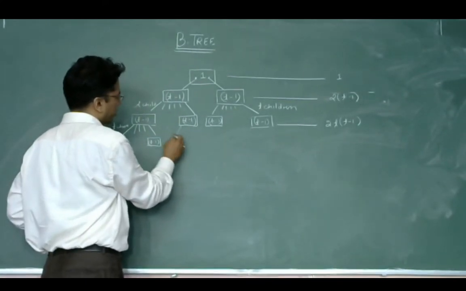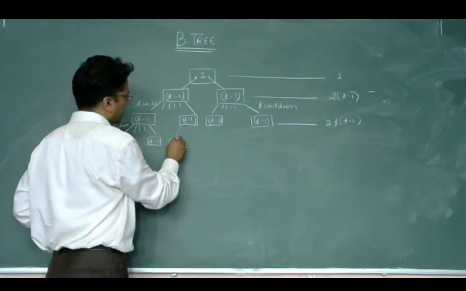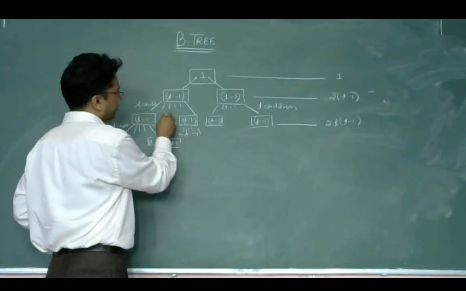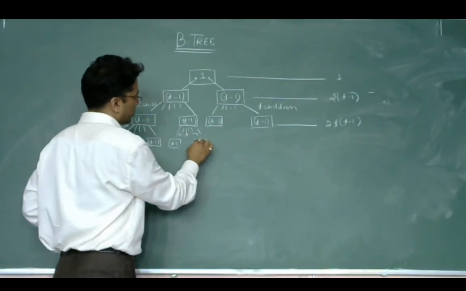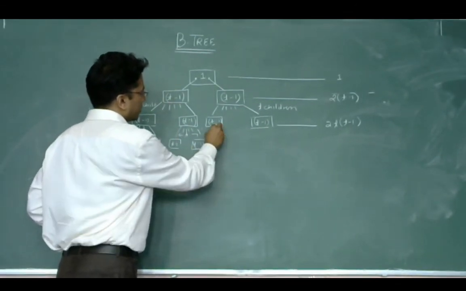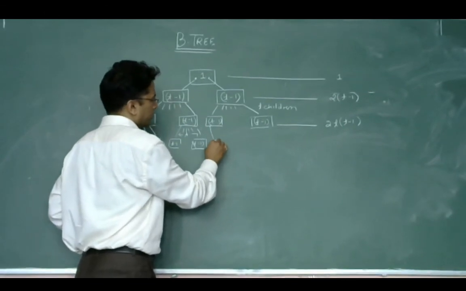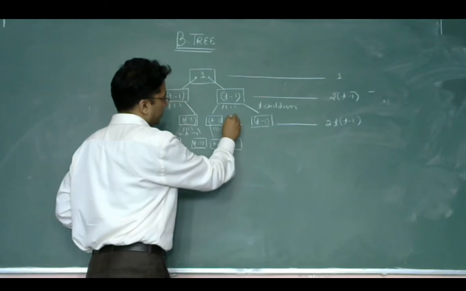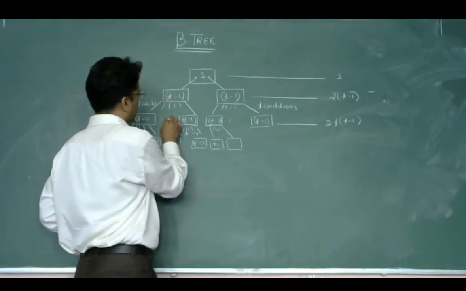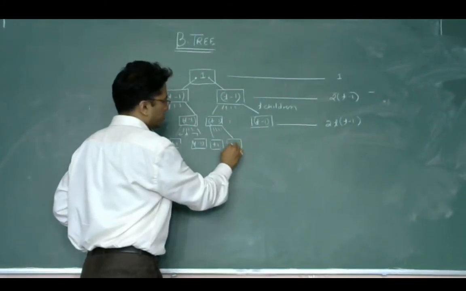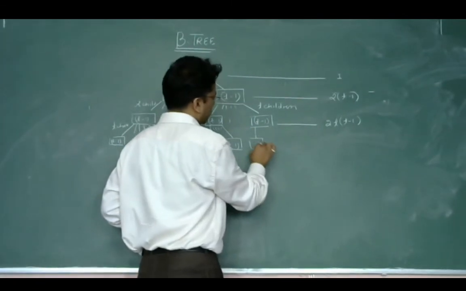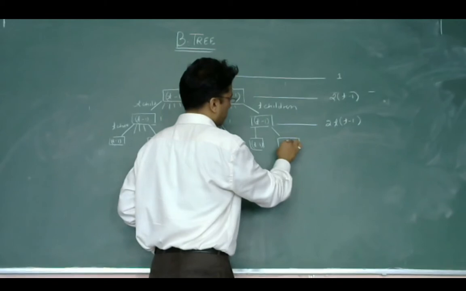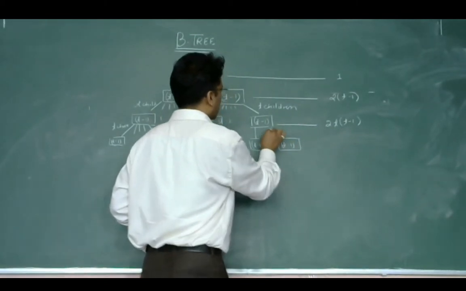Similarly here also each one will have t minus 1 and t children, and t minus 1 like this, and t minus 1 and t minus 1, t minus 1 each.